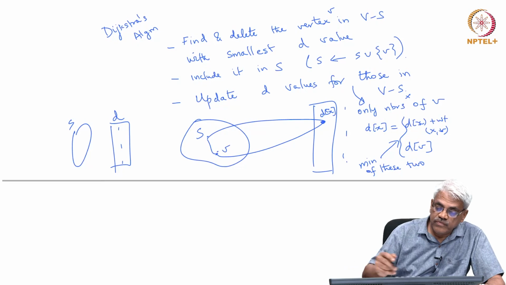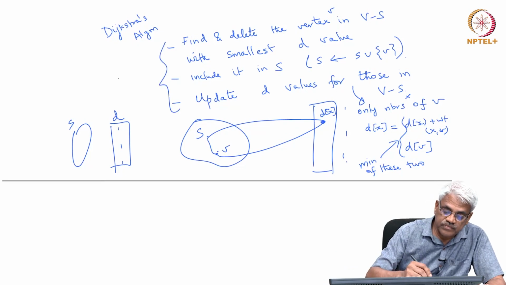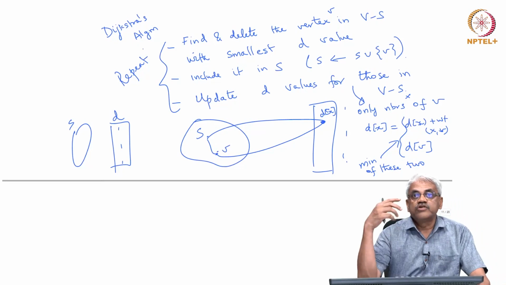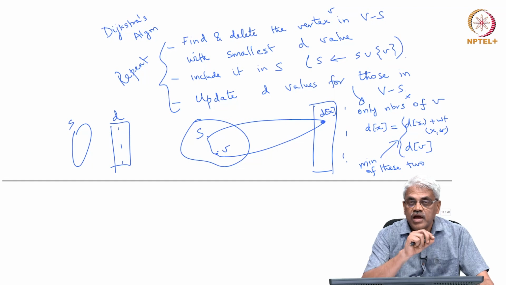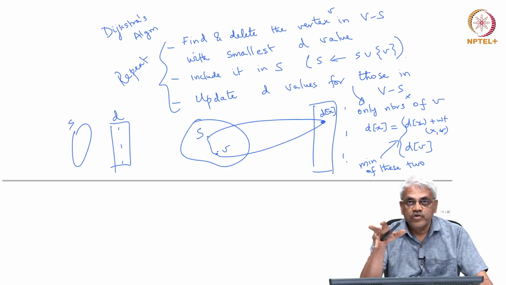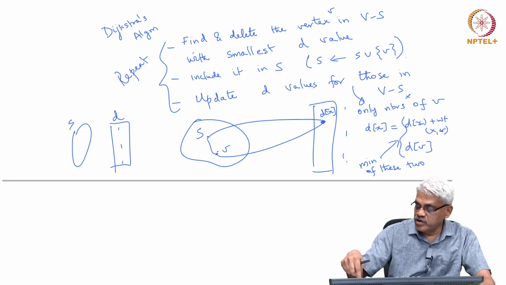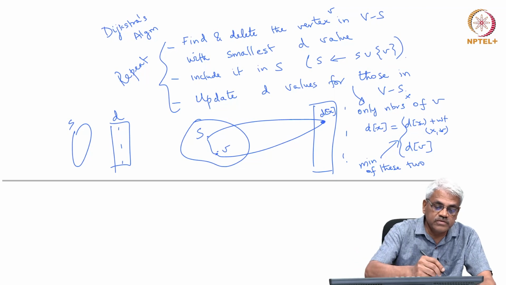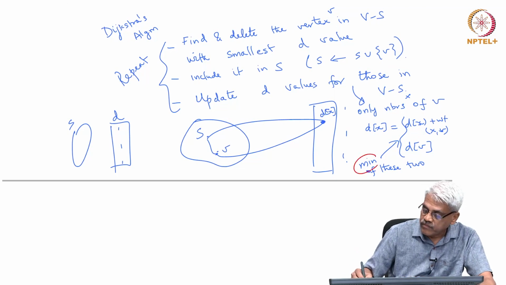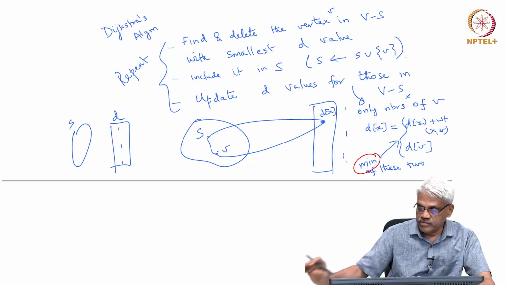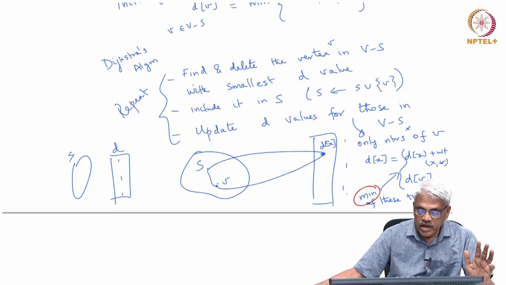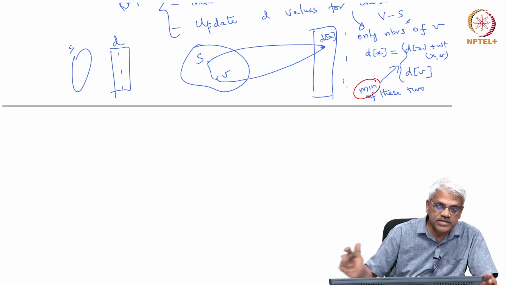Now what do you do? Repeat. Now you have new D values, find the smallest D value, include it into S, and update the neighbors of whatever you included by doing this min computation. Find the smallest, add it, and so on and so forth.